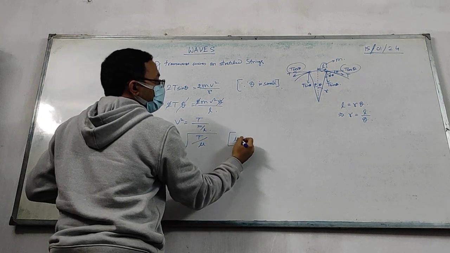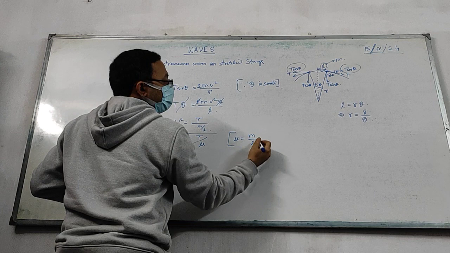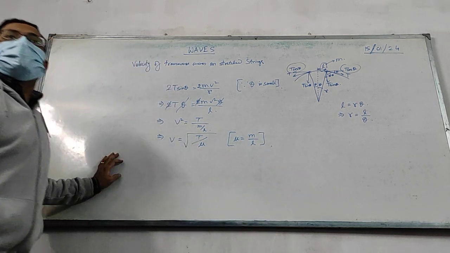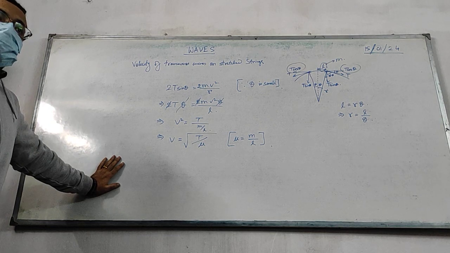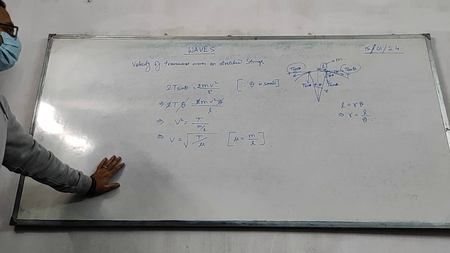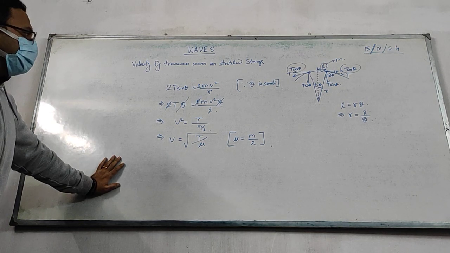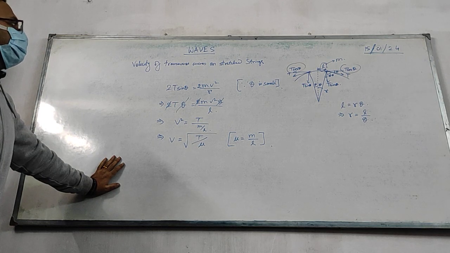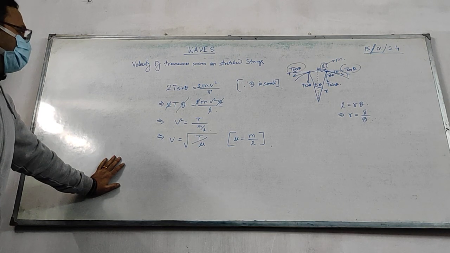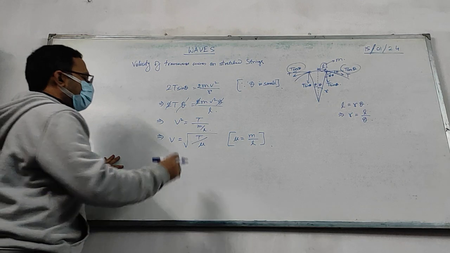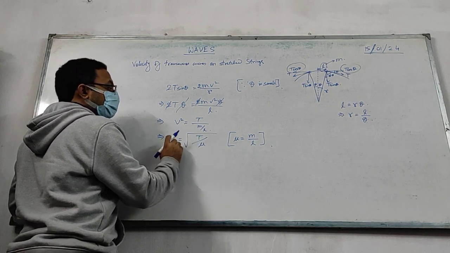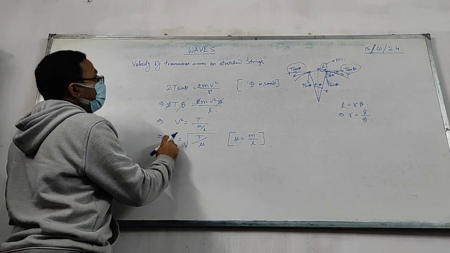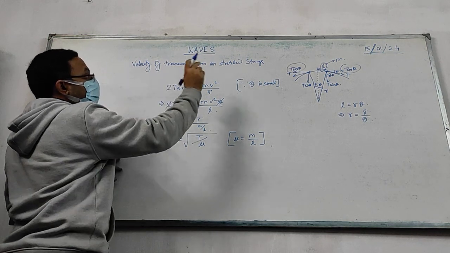What is mu? Mass per unit length. Mu is mass per unit length. Is that clear? So this v is equal to root over T by mu. This is called the velocity, this is how we find out the velocity of any wave on a straight string.